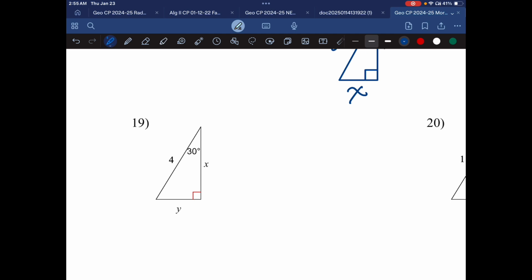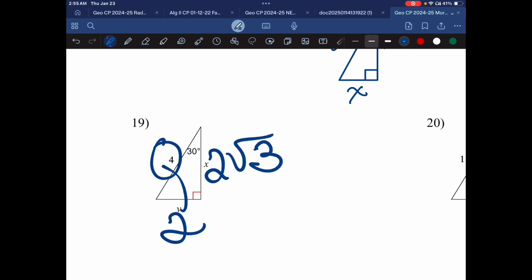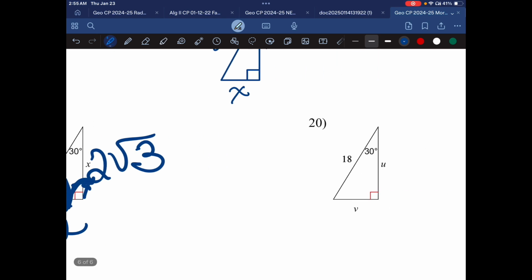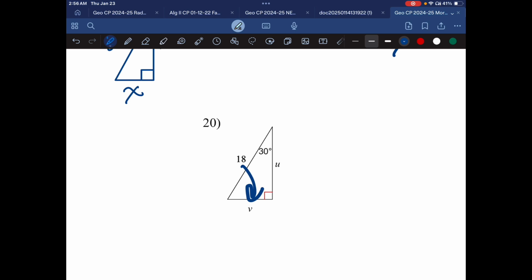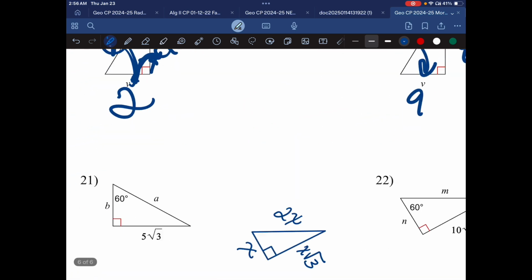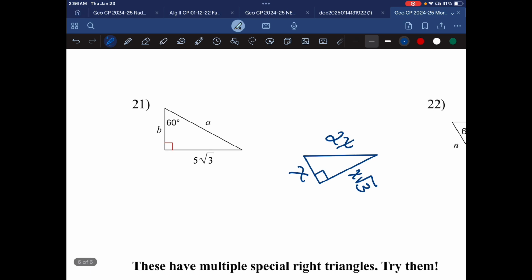So checking your answers. If that's 4, that's half of it. And that's that times the square root of 3. You can check it. 2, 4, 2 square root of 3. 18, 9, 9 square root of 3. Now, dividing this by the square root of 3 to go backwards, this has to be a 5 because 5 times the square root of 3 is 5 square root of 3, and therefore the hypotenuse would be 10.